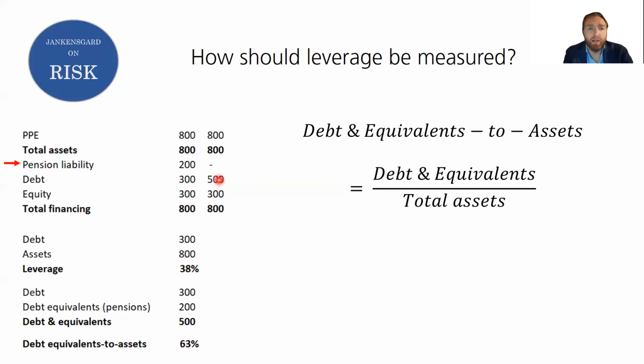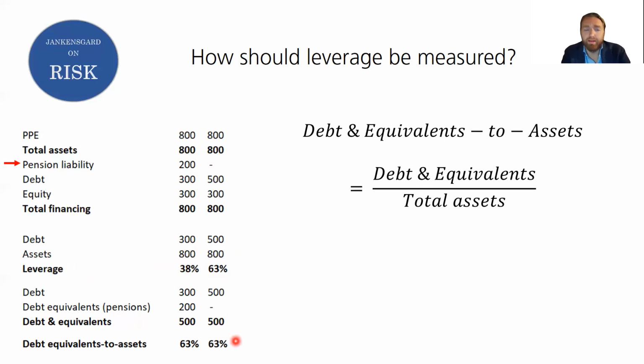So swapping one liability for another shouldn't do much in terms of the risk profile, right? But the classic leverage measure does signal that because it ignores the debt equivalents. So there's a fairly massive increase here in leverage, according to that measure. Whereas if we're using debt equivalents and the debt equivalents to assets ratio, we're not tripped up by that.